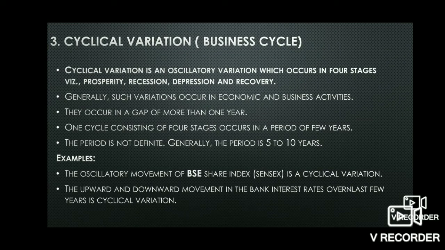An example of cyclical variation is the oscillatory movement of the BSE share index or Sensex, that is, the Bombay Stock Exchange. The upward and downward movement in the bank interest rates over the last few years is also a cyclical variation.